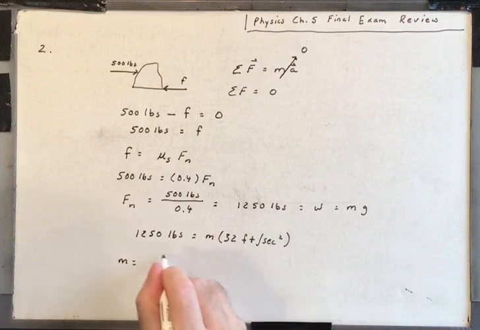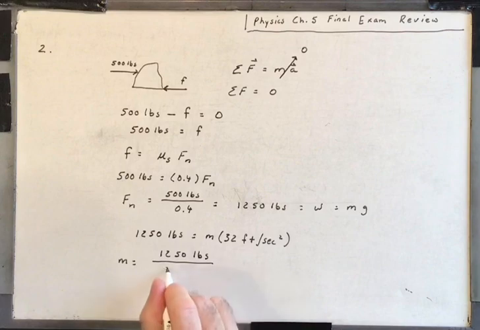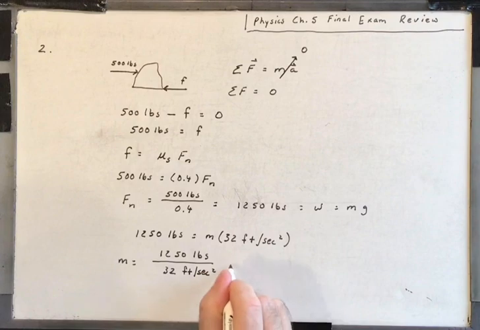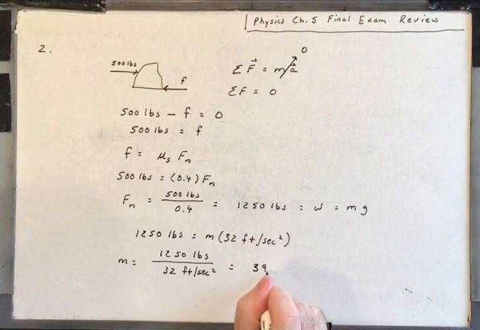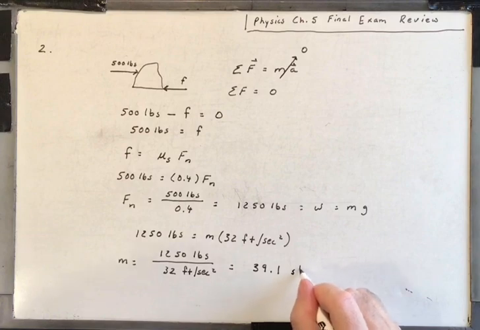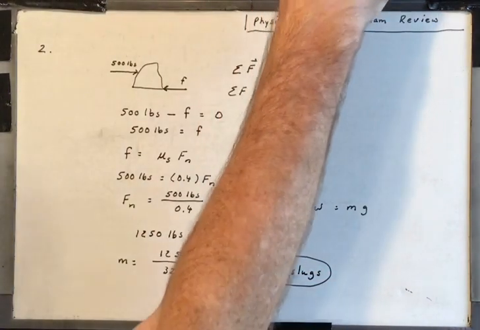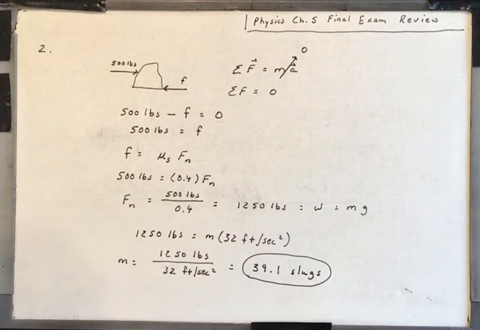So mass is equal to 1,250 pounds divided by 32 feet per second squared, and that is going to be 39.1. Do you remember the unit of mass for the English system? I'll give you a second. It is the slug. So 39.1 slugs. All right, so pause the video if you need to, and we'll move on to number 3.